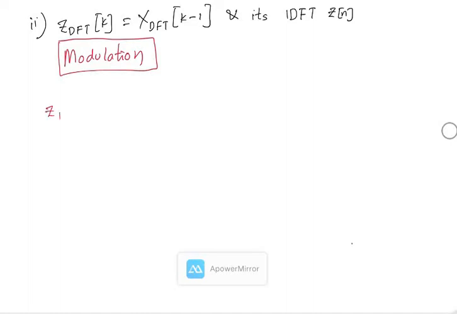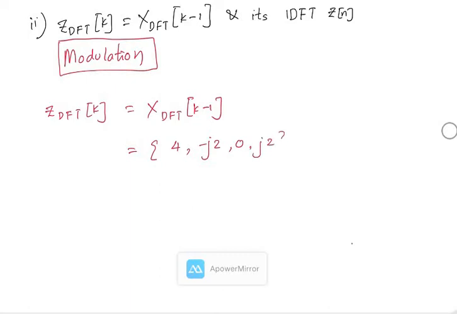For Z DFT[k] equal to X DFT[k minus 1], what is Z DFT[k]? For the X DFT we have 4, minus j2, 0 and j2.